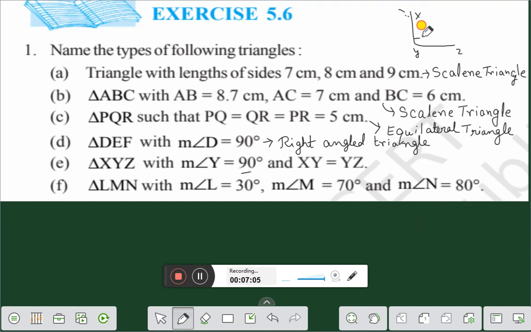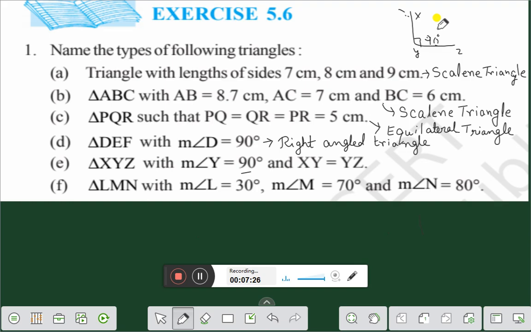And here you see this angle is 90 degree. This is 90 degree. Right.